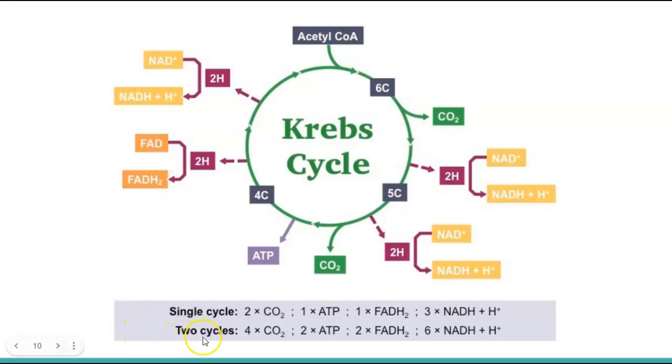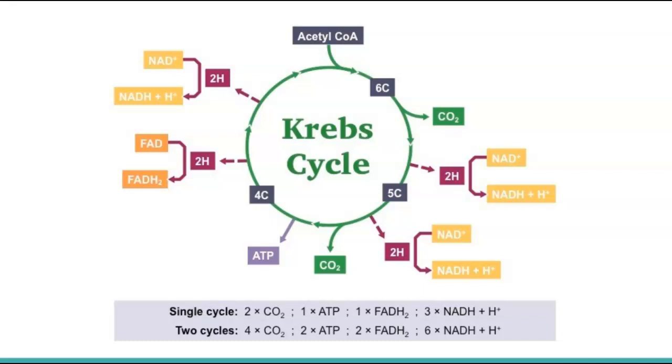So our net outcome per glucose molecule, which is how you should always think of this, is 4 carbon dioxides, 2 ATPs, 2 FADH2s, and 6 NADHs. Okay? So we're not doing a ton of stuff here. We're not really changing anything. We're just breaking things down in small steps so that the energy use is minimal.